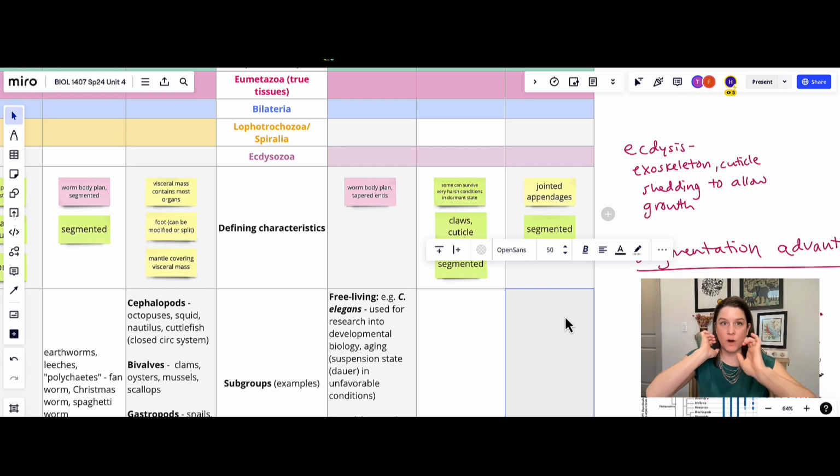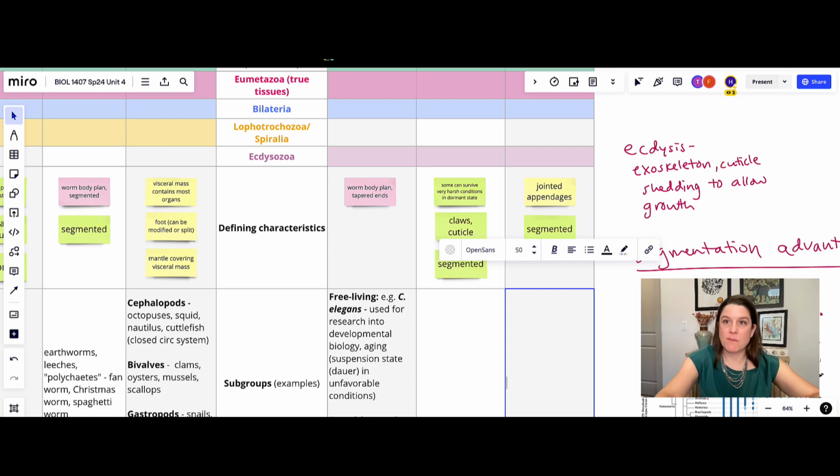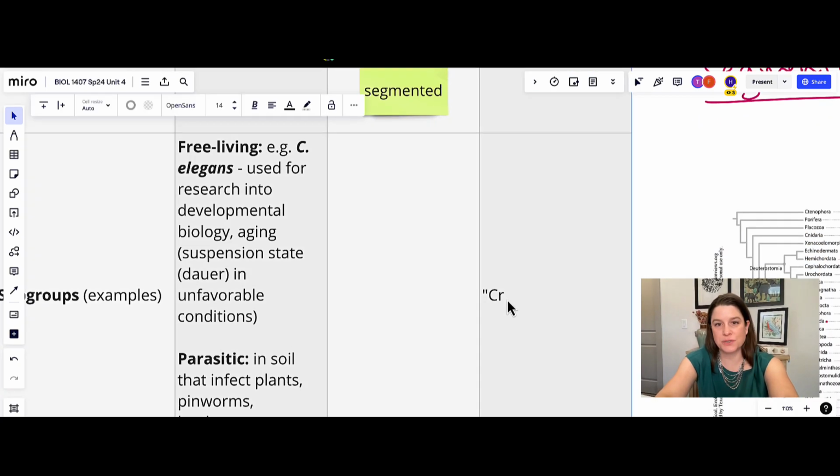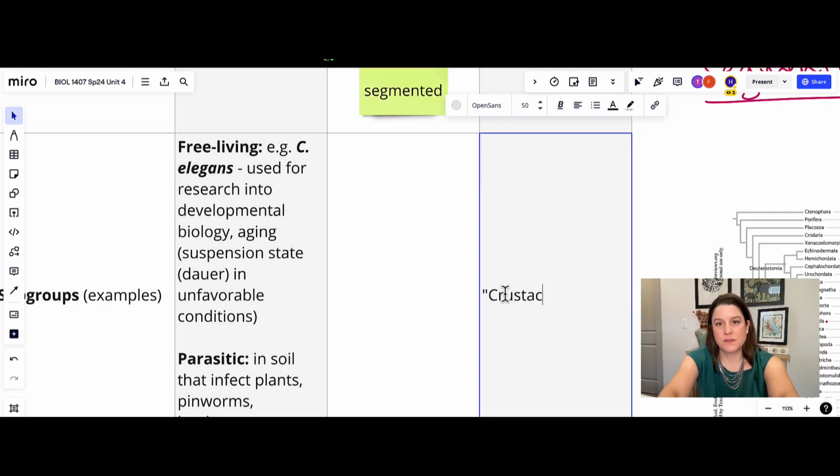There's basically four main groups. Okay. So we're going to do it like this. We're going to do it in quotes because crustaceans are not a true group.